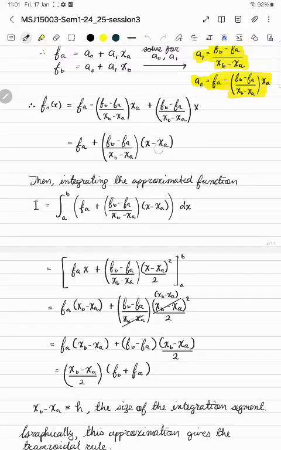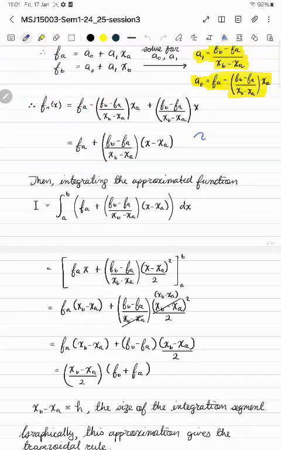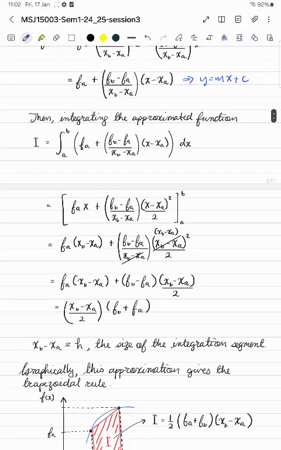the common linear equation. You can either write it in this form or in the more comfortable form, y equals mx plus c. Either form will do. Next, you just plug the approximate function into the integral, and you go through all the integrations as it is.